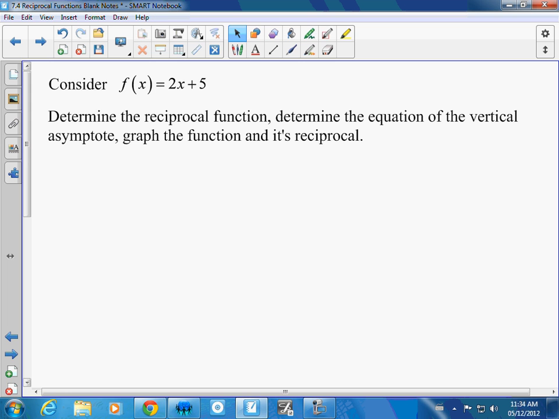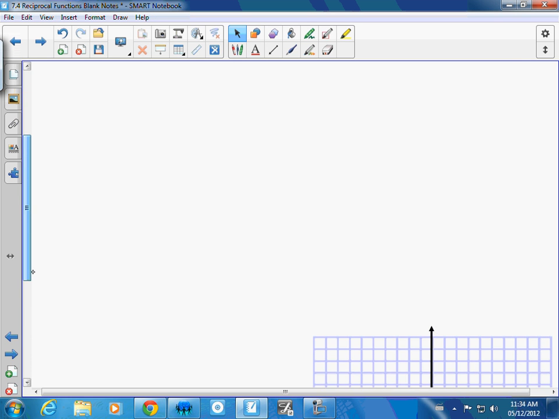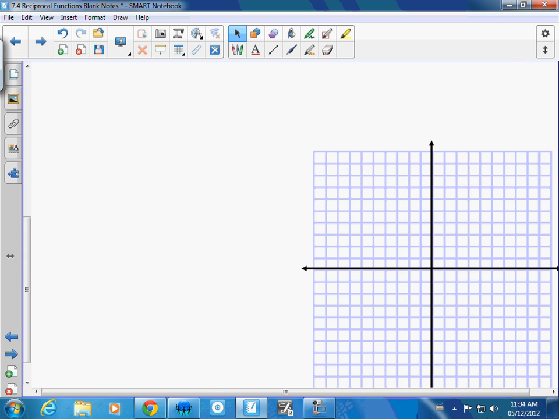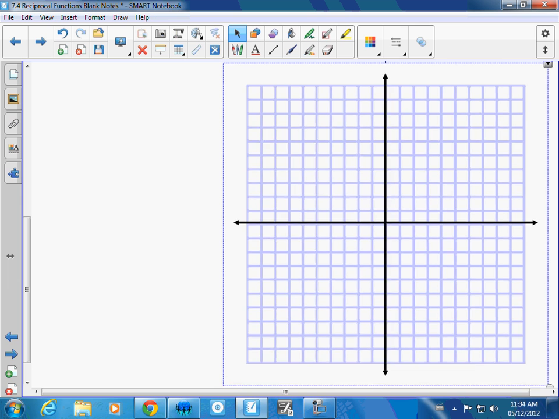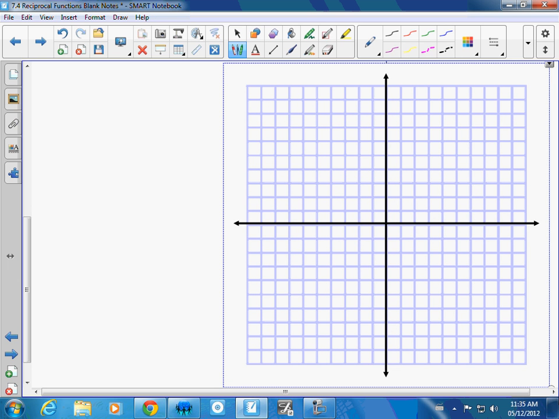You go up 2 over 1. It's plus 5, whatever it is. 1, 2, 3, 4, 5, right there. This goes up 2 over 1, which means you can go down 2, back 1, down 2, back 1, down 2, back 1.